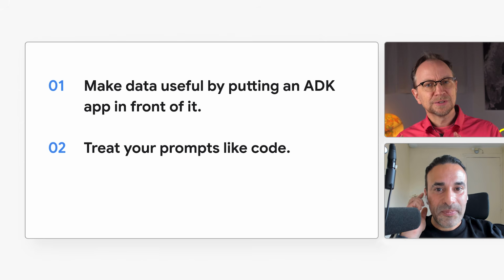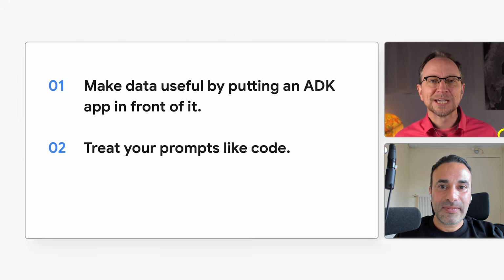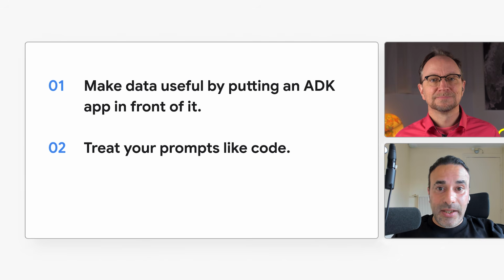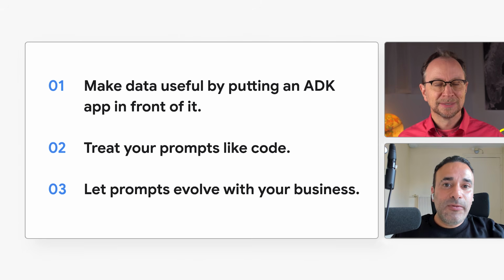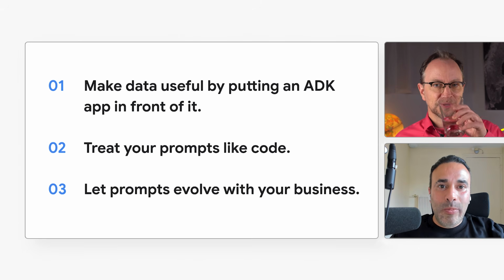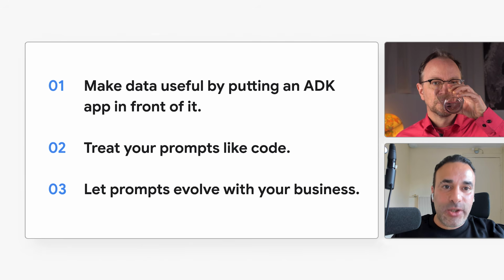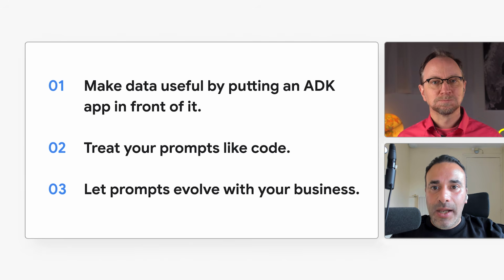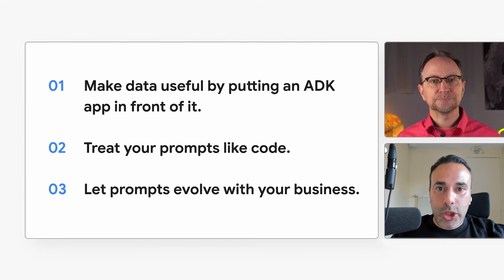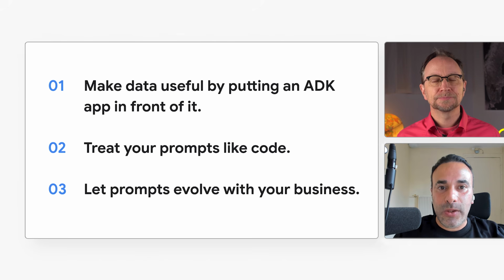And I imagine those instructions will evolve over time? Exactly. And that brings up my next point. Your instructions have to evolve right alongside your business. I see this with customers all the time. In this football example, you might want to add a new metric like the likelihood that a shot will result in a goal.